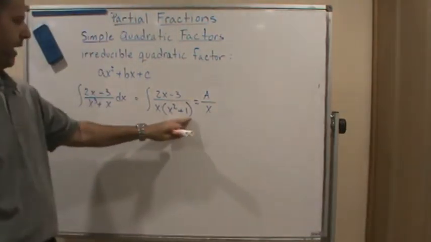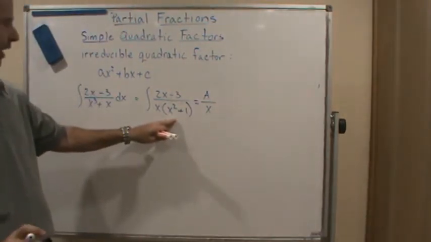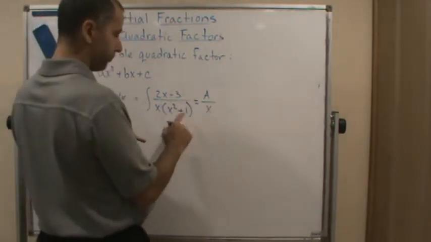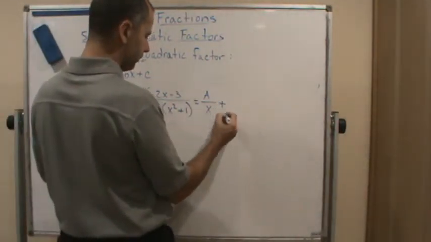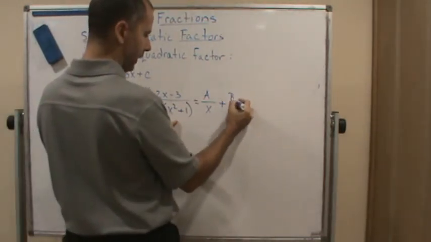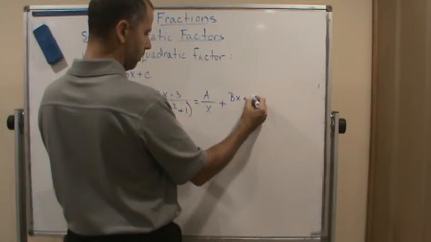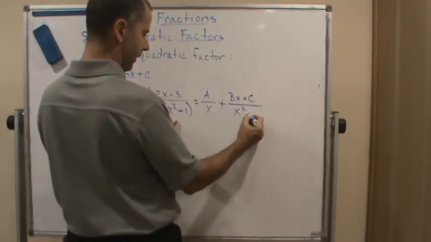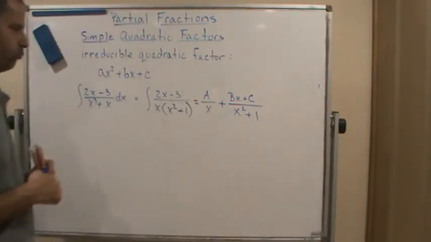But what about this quadratic? The way we're going to handle these is to have a linear term on the top. So for this one, we're going to have bx plus c over x squared plus 1.